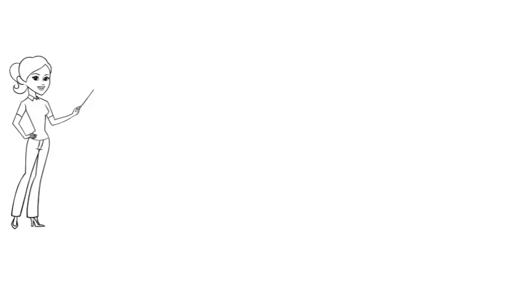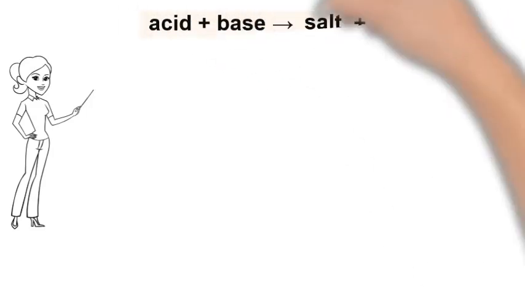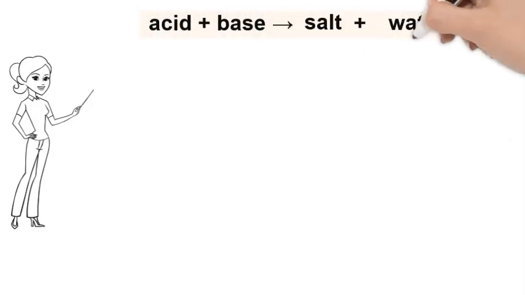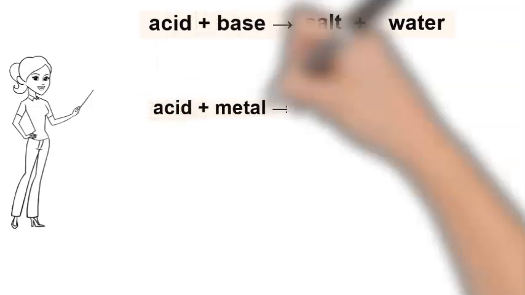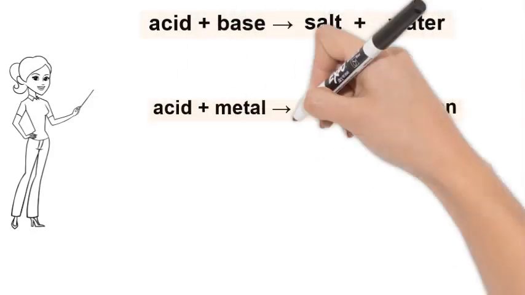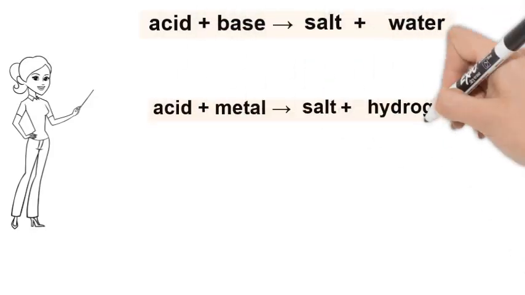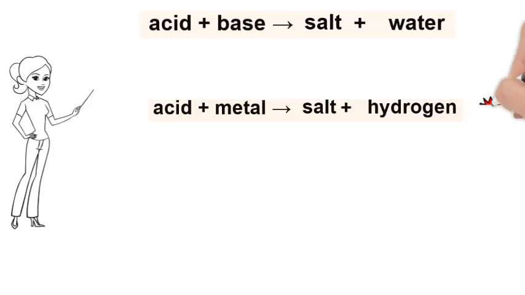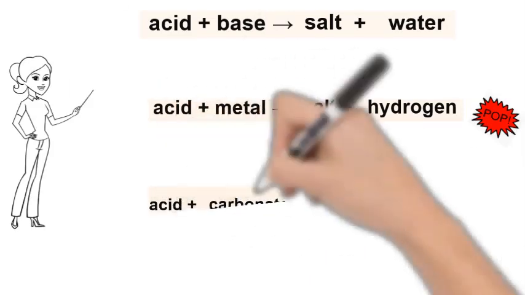So here are the 3 general equations for neutralization reactions. If you have an acid reacting with a base, it forms the neutral salt plus water. An acid reacting with a metal forms salt plus hydrogen. And if we use a burning splint, the hydrogen will go squeaky pop, which is a unique property of hydrogen.